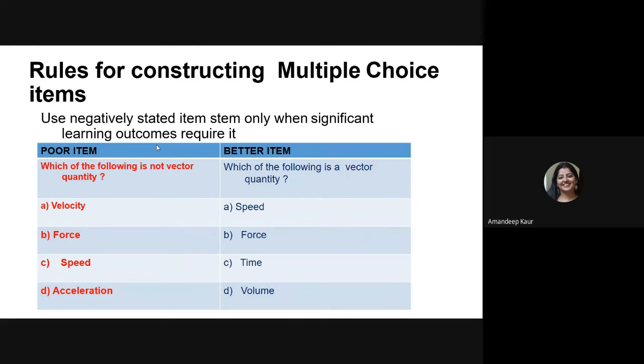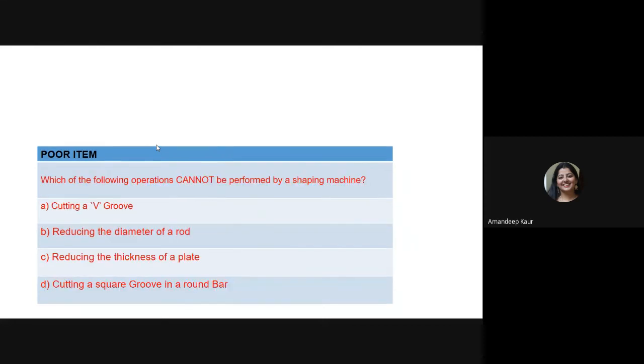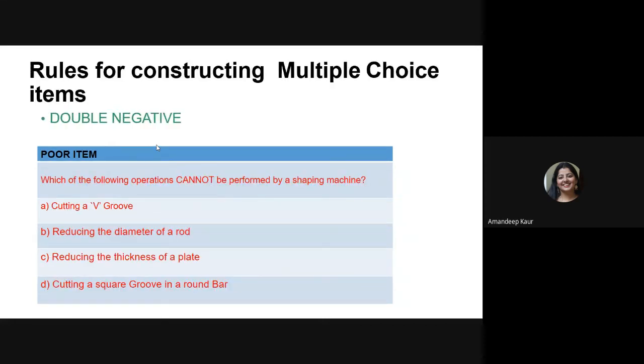So, which of the following is not a vector quantity? This is a poor item that can be converted into a positive item: which of the following is a vector quantity? So if possible, we need to avoid negatively stated items, but if it is essential, we can go with negative items in multiple choice items.